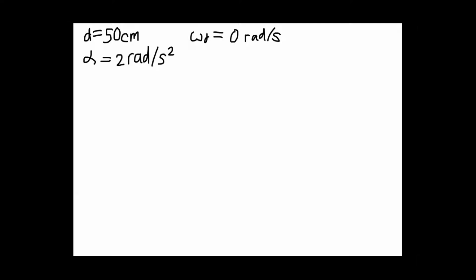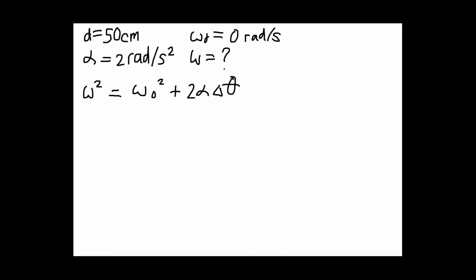Looking at the problem, we know that we're solving for omega. That's what we want to find. And we have omega initial, but we also have alpha, and we have a way of figuring out what distance might be traveled per revolution. So I believe that we could use omega squared is equal to omega initial squared plus 2 alpha delta theta.